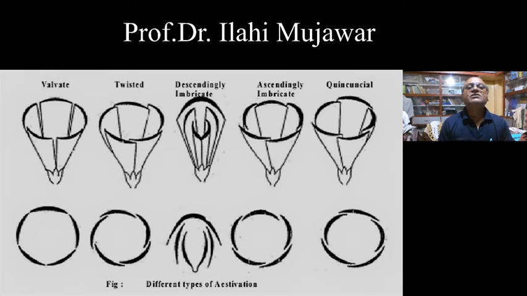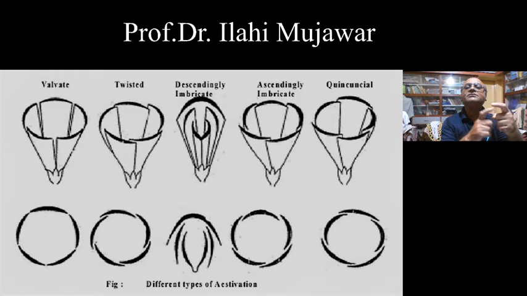Then next one is the imbricate type of the estivation. In the imbricate type, whether it is descending or ascending does not matter. But we have to identify it on the basis of one sepal or petal being completely on the outer side and another completely on the inner side.